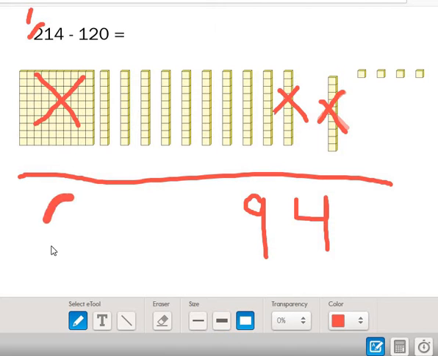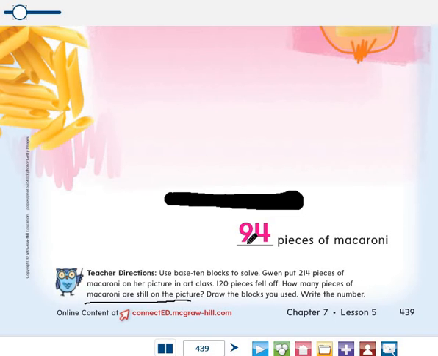We have 0 hundreds. So 214 minus 120 equals 94. So there are 94 pieces of macaroni still on the picture. So please, grade 2, be sure to draw the blocks in this space.